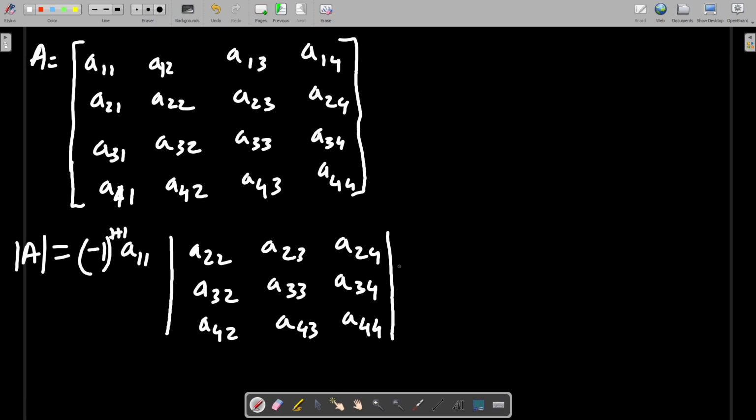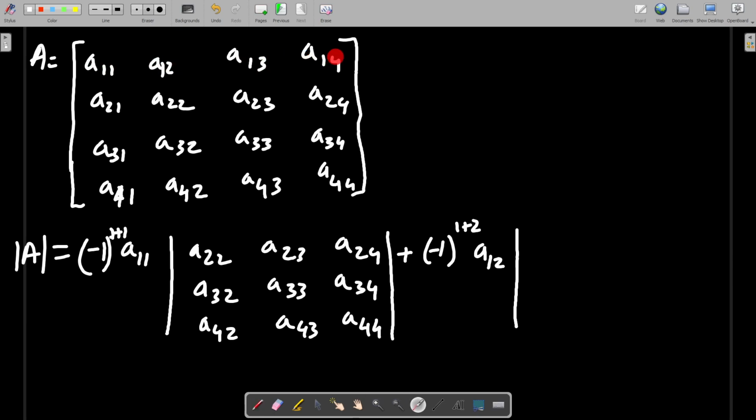Okay, next it will become plus, into minus 1 to the power 1 plus 2, A12, this entry, into the determinant of the matrix you get by deleting. See, A12 is here, no?